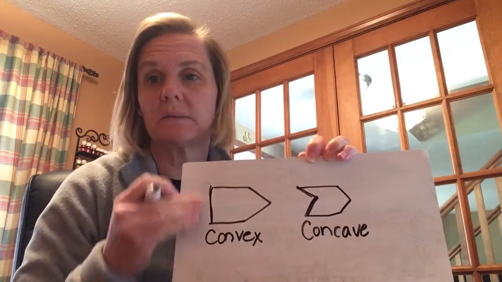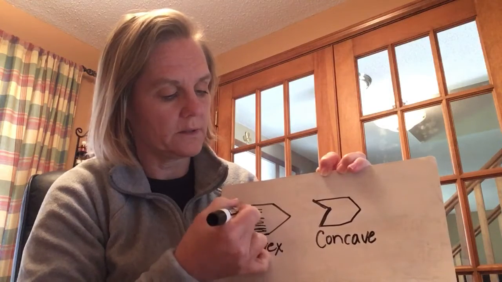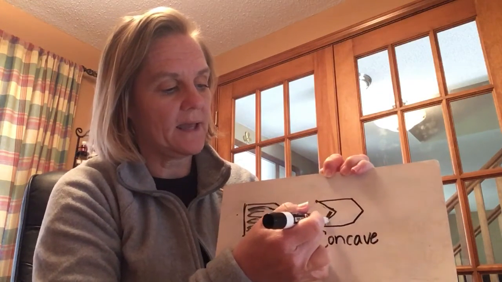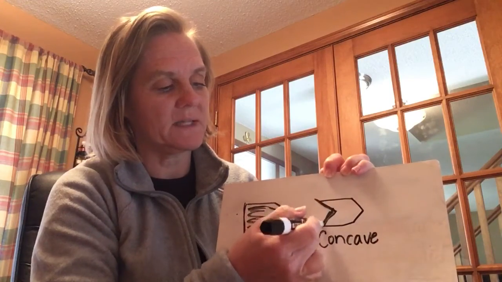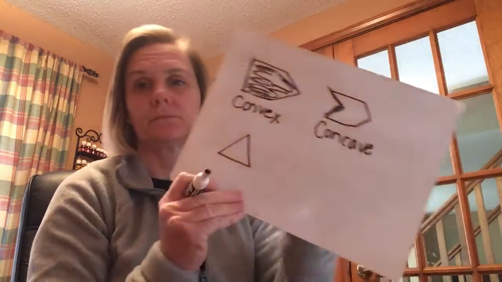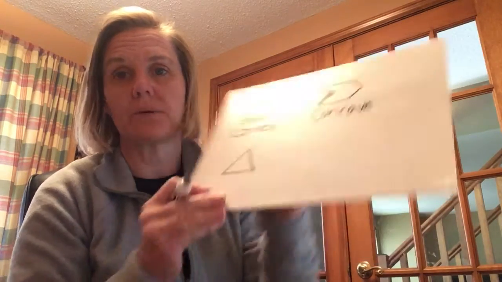Convex means that the shape is somewhat whole. It's a shape, but it's like a whole shape. But concave means that part of it looks like it's missing, so it went in somewhere. Or if it was a triangle, this is just a regular triangle. It's a convex shape.